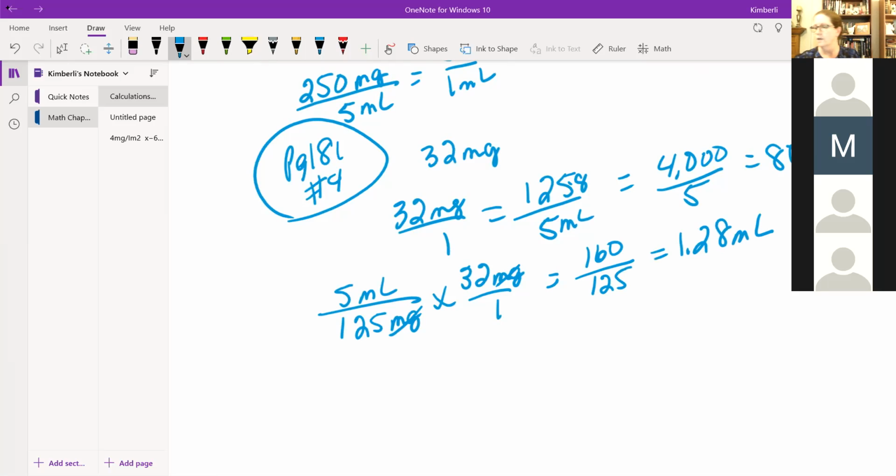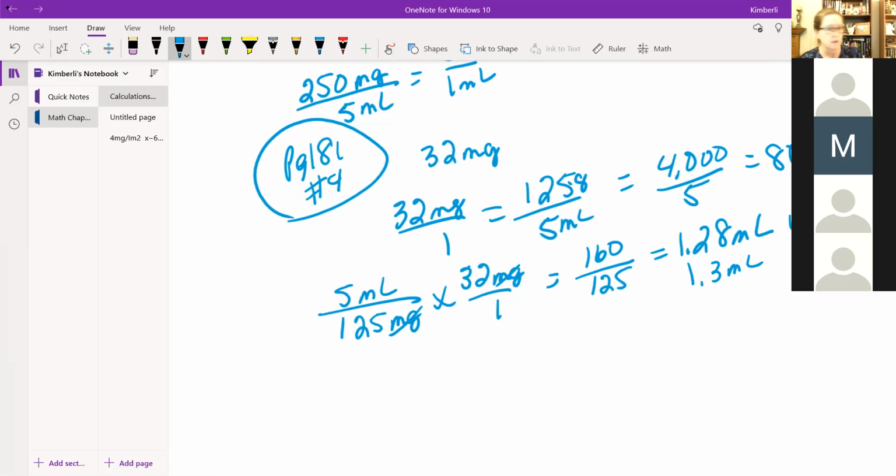Yes. We can round it, right? Yeah, you could round it depending on how small your dose is. So you could do 1.3 milliliters.